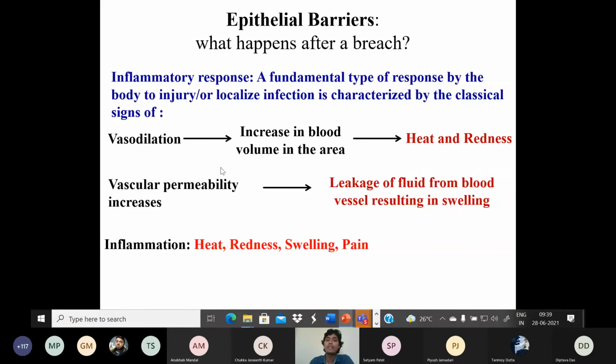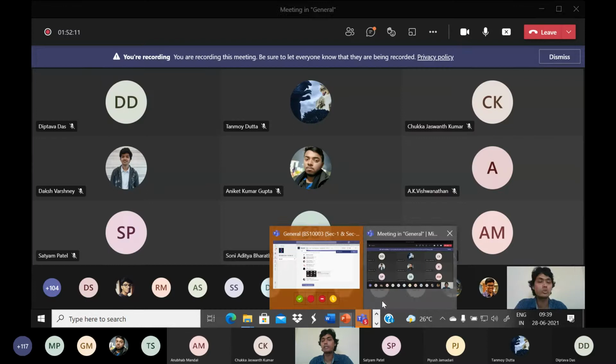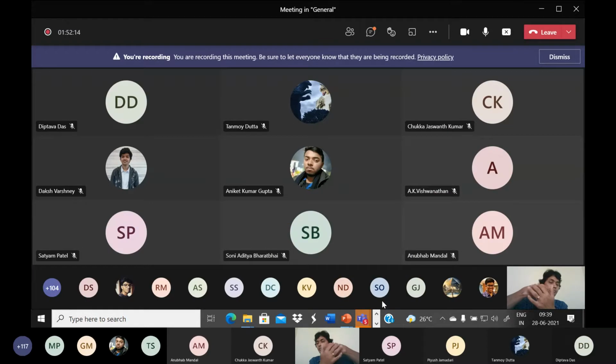So now if you see here, I'm just showing you what happens. A fundamental type of response by the body to injury or local infection is characterized by the classical sign of vasodilation. Vasodilation means, I should explain, something happened here, and in this region we have a blood vessel. The blood vessel gets dilated.